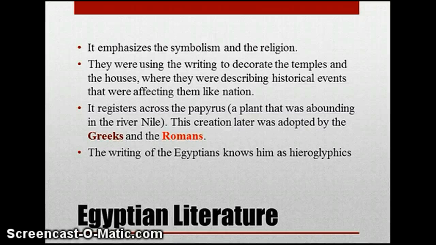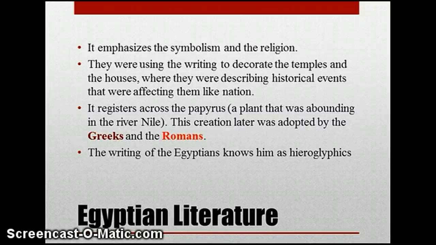But as you can see, first they painted or put these historical facts in other materials. Remember, Greeks and Romans orally transmitted this information, and the Egyptians on the other side decorated the temples and the houses. In Egyptian literature, the writing of the Egyptians is known as hieroglyphics.